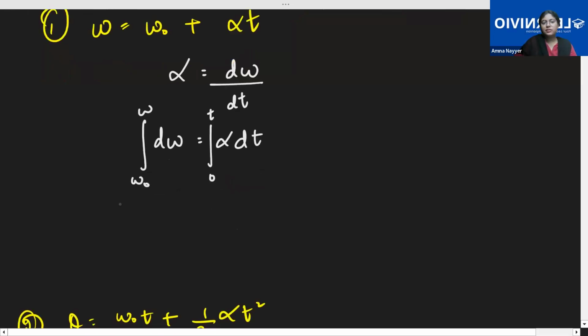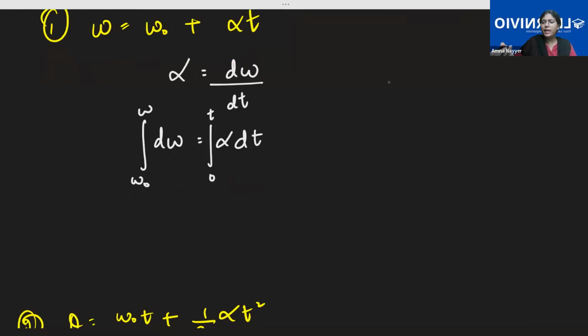Now see, integration of any symbol dx gives you x. So the integral of d omega will be omega from omega naught to omega, equal to, take alpha out, integral of dt will become t from 0 to t.